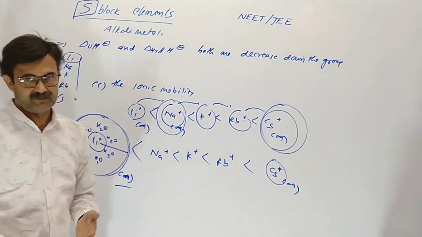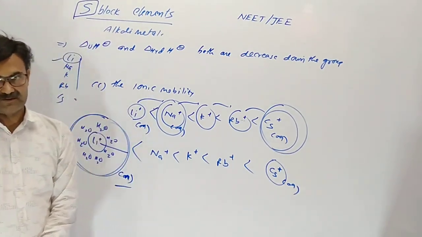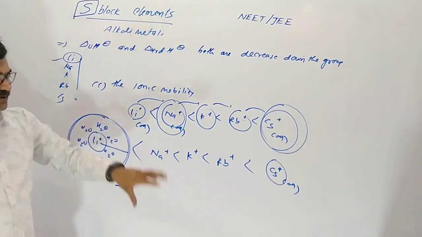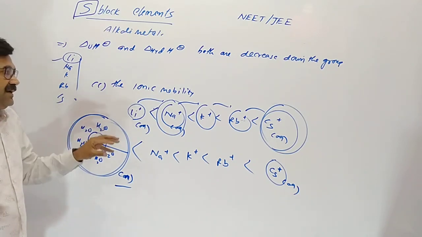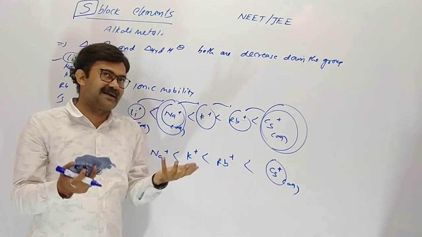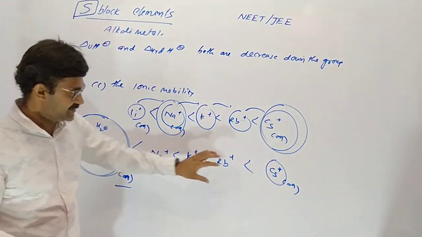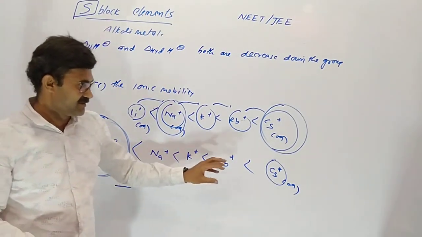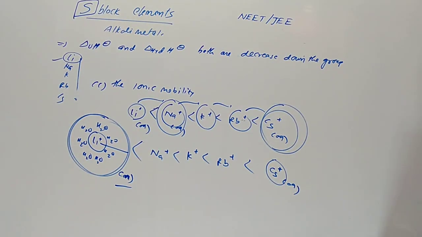Lithium is small, so we think mobility will be more, but no. Lithium is surrounded by many water molecules, so it becomes huge and mobility is less. Cesium is big, so attraction toward water is less, and its ion in aqueous solution is the smallest of the five. So mobility of cesium is highest.